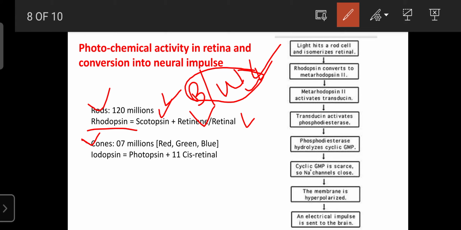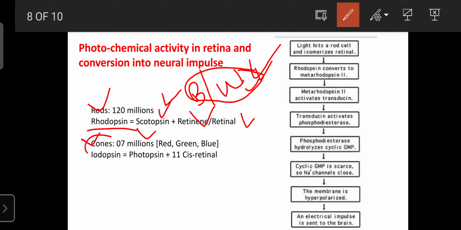Regarding the other photocells present in the retina, those are known as the cones. Our eye consists of 7 million cones, and these are mainly of three types.